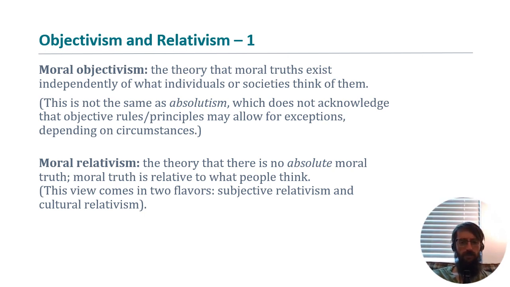It doesn't matter what the circumstances are. So if absolutism is true, if stealing is always wrong, then moral objectivism is also true. But absolutism need not be true in order for moral objectivism to be true.